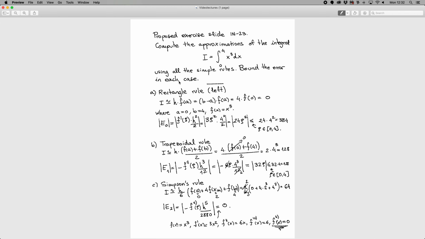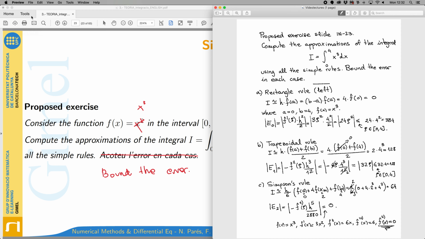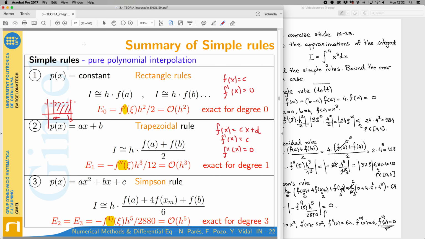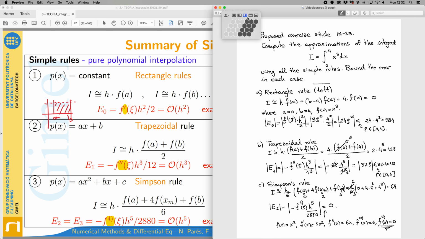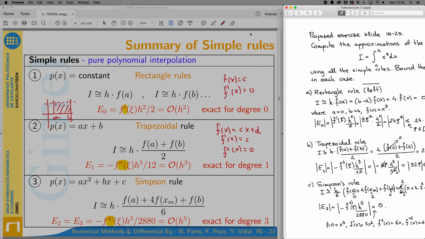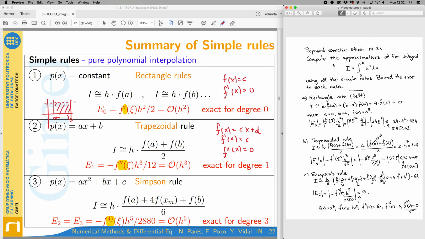Okay? Now, in order to solve this exercise, I think it's a better idea to show the previous slide, which has the summary of all the needed formulas. Now, let's start with the rectangle rule. When I use the rectangle rule, I know that the exact integral is approximated by h times f of a.